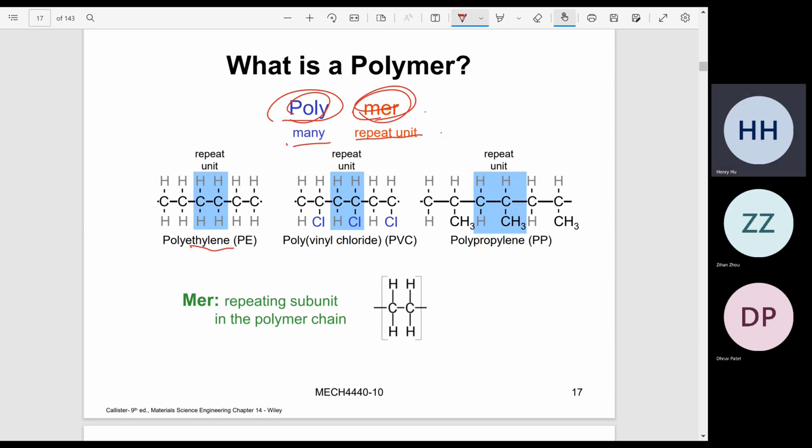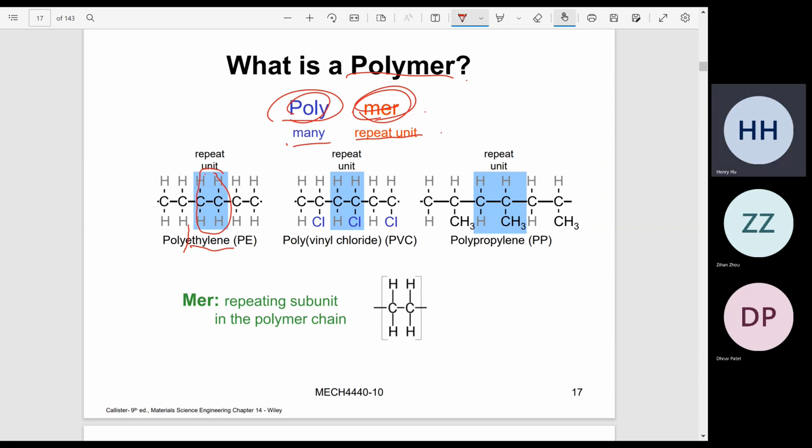To demonstrate the meaning of the polymer, I picked three different types of thermoplastic polymers. Given here, the first one is polyethylene. If you chop off the poly, you have the ethylene. So what is the ethylene? Ethylene basically consists of 4 hydrogen atoms plus 2 carbon atoms, as simple as that.